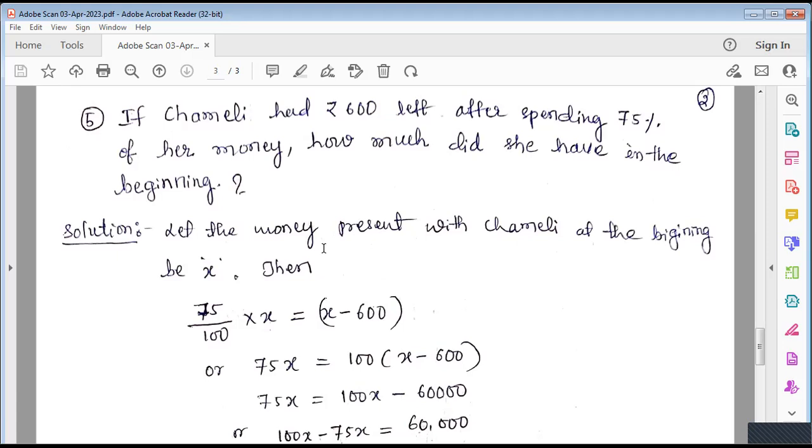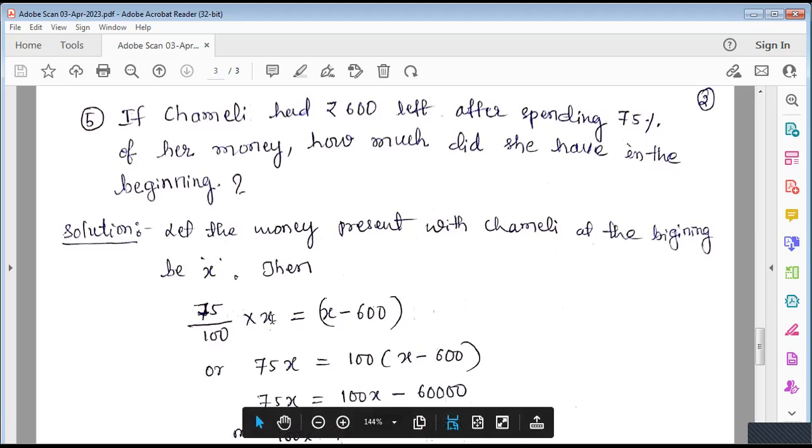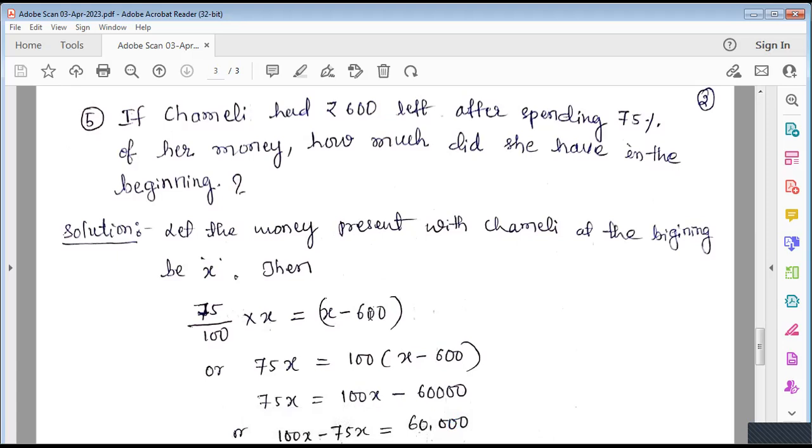Then what has been given. Writing the equation is a very, very important step in mathematics. So what they are telling, 75% of this X is equal to X minus 600, because she had X amount, and out of this she has spent 75%, and now only 600 rupees are left.